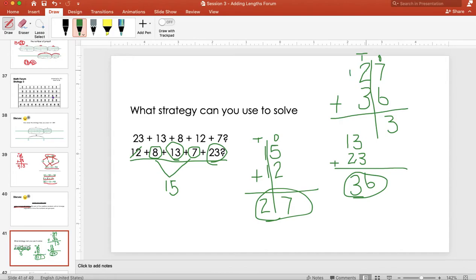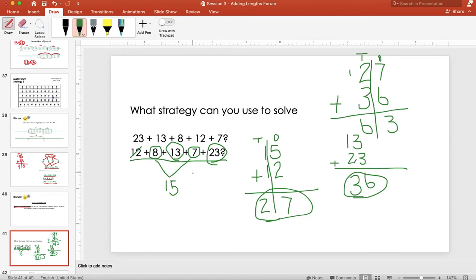I have 3 plus 3 equals 6. 63. Okay, so the reason why I got the same answer is because these are the same equations, they're just in a different order. So it proves that you can add any numbers that you'd like in any order and come up with the same answer.